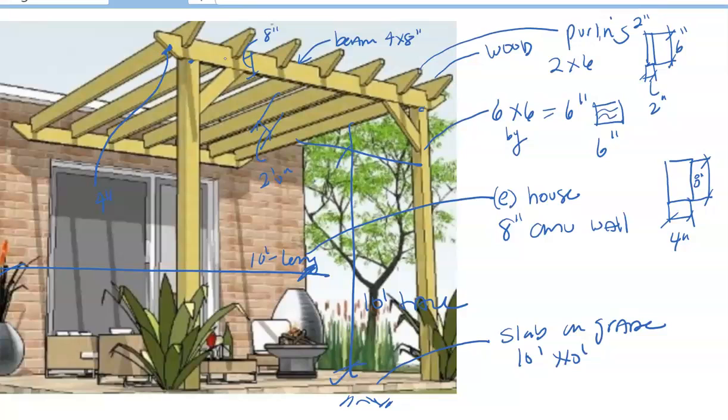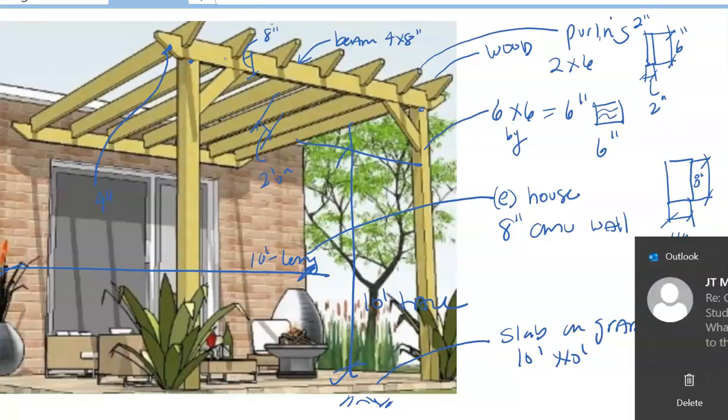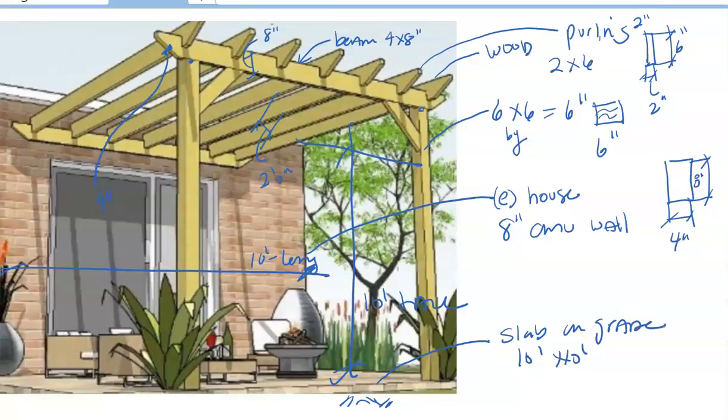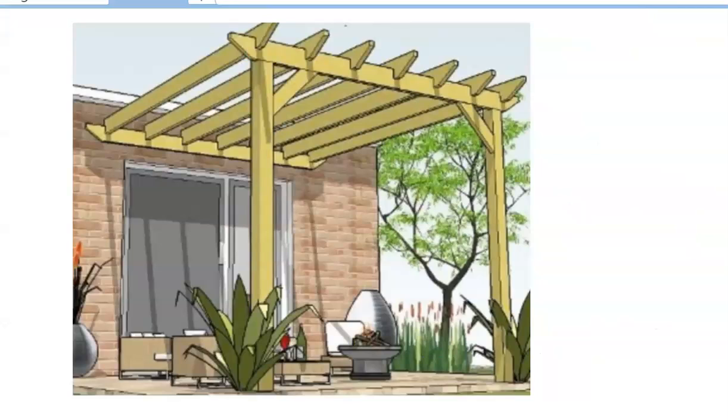So in order to show this in this 3D, I want to take a bunch of sections. So I'm going to take a section cut right here. And this is going to be my floor plan, or my foundation plan.